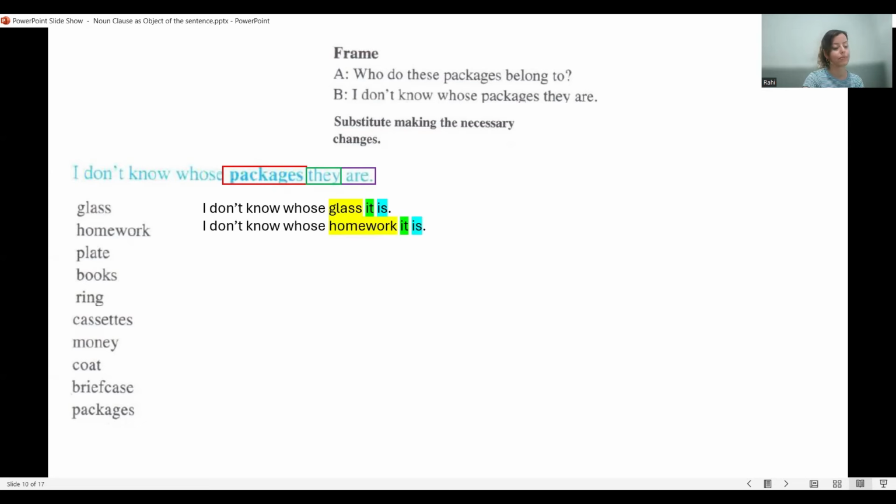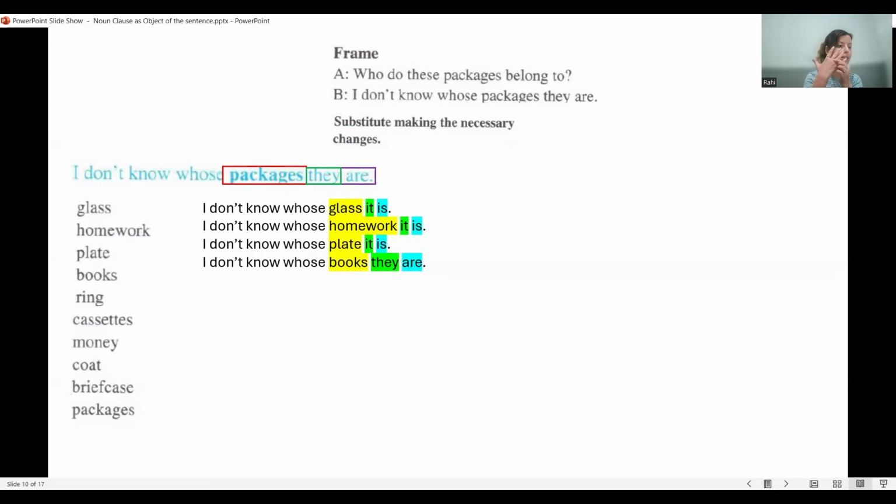Plate. The answer is, I don't know whose plate it is. Books. It's a plural word. The answer is, I don't know whose books they are.